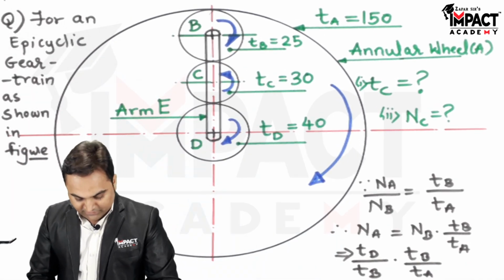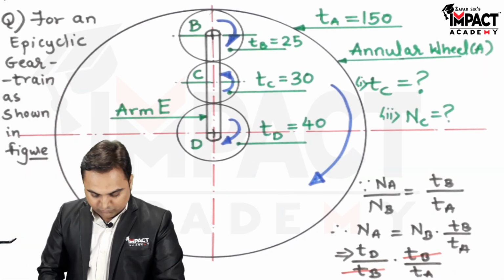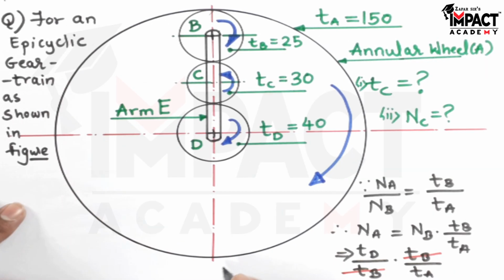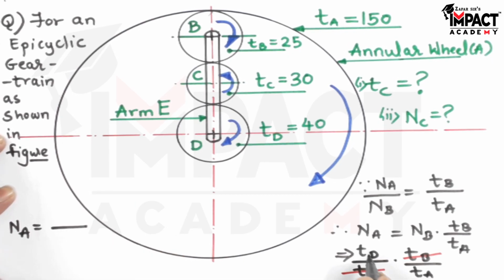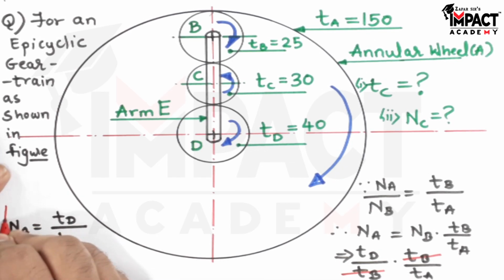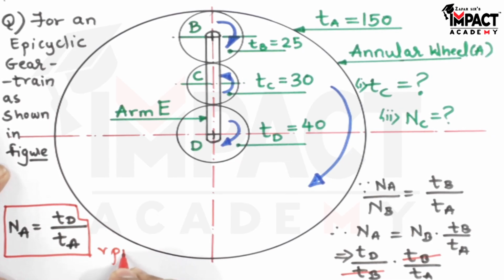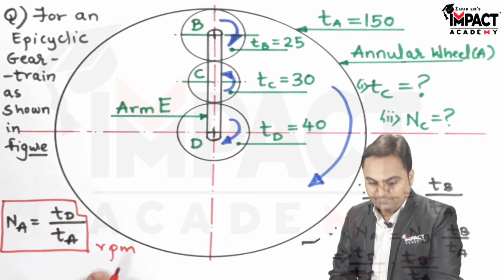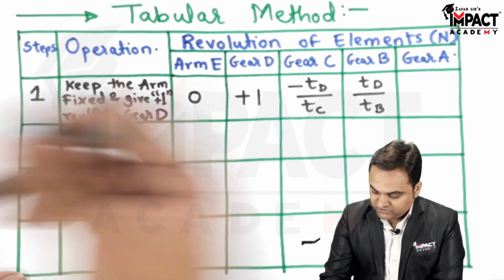So TB, or number of teeth on B, gets cancelled, and finally what remains is speed of A, NA, is equal to TD by TA in terms of RPM.